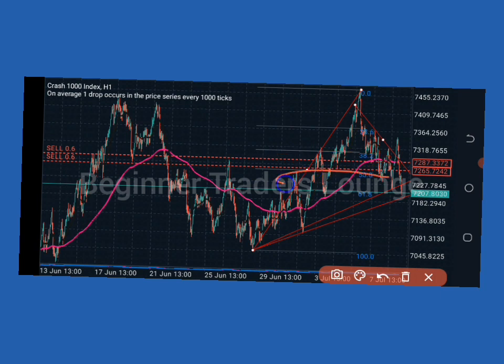We have the area of 50 there, and we have the zone of 61.8, which happens to be the golden level as known by traders. So when we look at it critically now, if the market comes to respect this area, it is very certain that it might go uptrend. Why? Because this is the golden area.